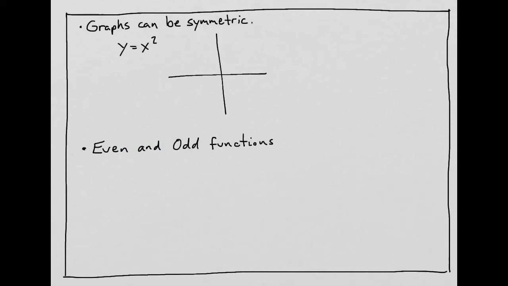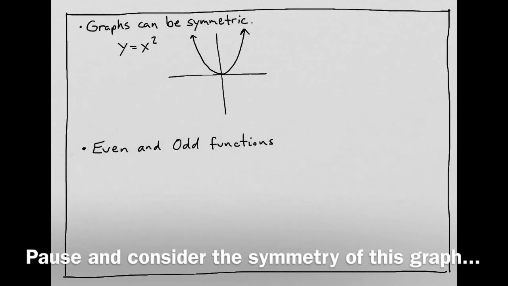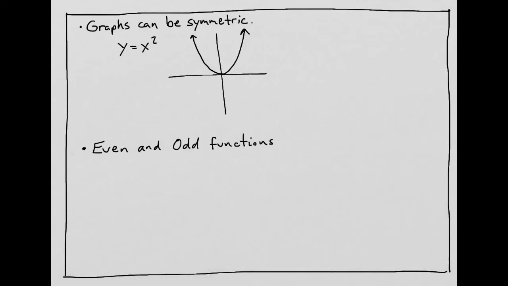The graph of y equals x squared is going to be a parabola, a U-shaped graph that passes through the origin. And if you think about the symmetry of this graph, would it be best to call it symmetric with respect to the x-axis, the y-axis, or the origin? Well, I hope you agree. It's symmetric to the y-axis.